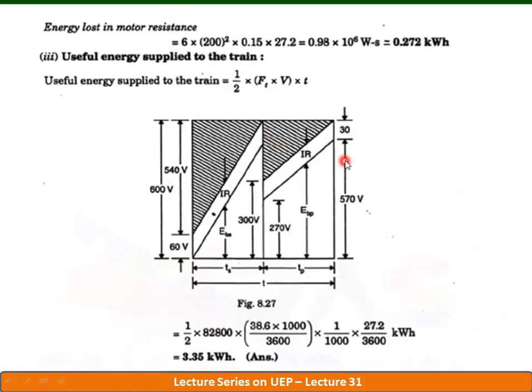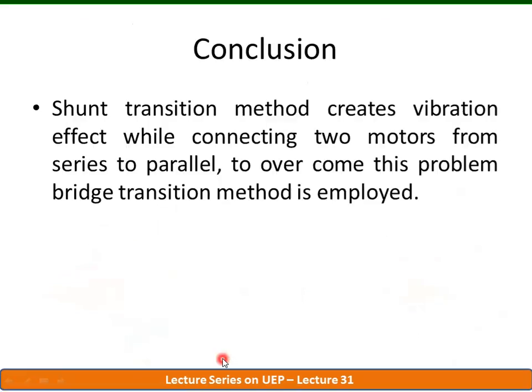Here it is shown the IR is 30, it's 570 volts, and it is 60 volts IR drop in series position and 540 volt loss during the starting period. Here we got the answer 3.35 kilowatt hours.